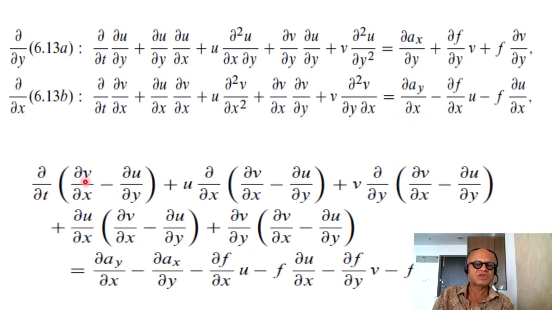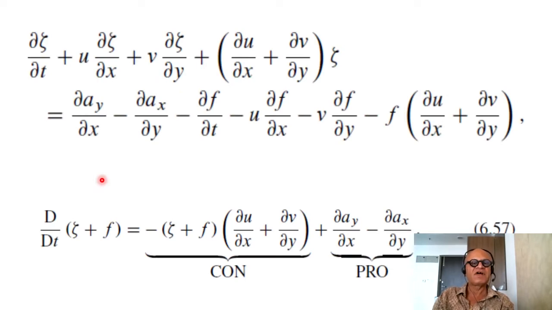So just substitute this expression with zeta, the relative vorticity, and voila, we have d zeta/dt plus u d zeta/dx plus v d zeta/dy plus (du/dx plus dv/dy) times zeta. You will already recognize this as convergence divergence in the horizontal.